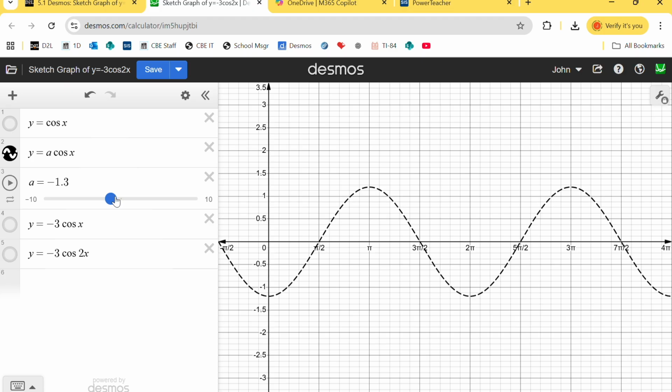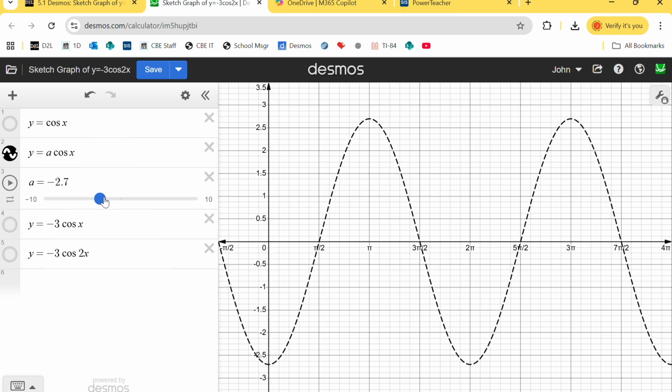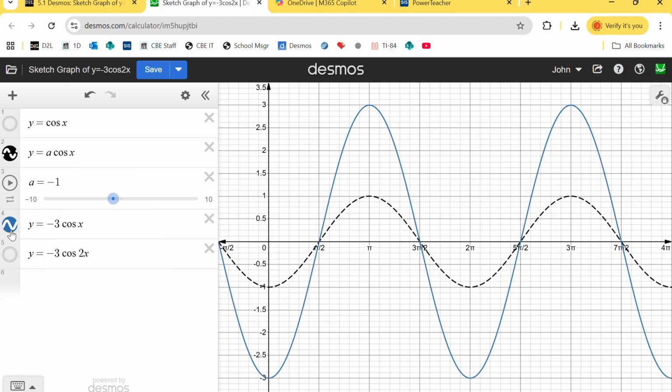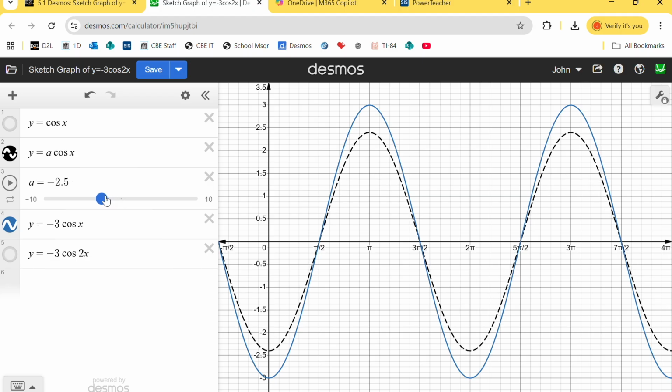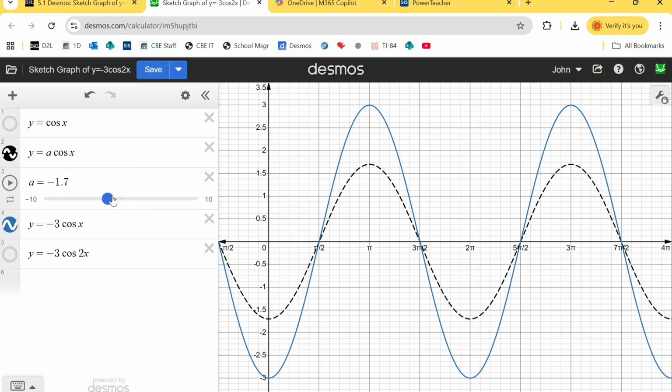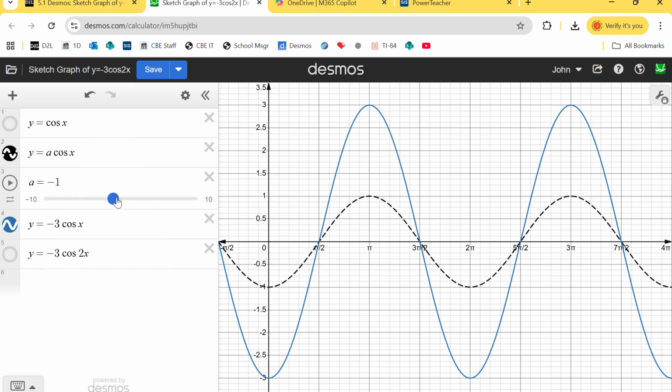So if I go -3, that's what it's going to look like. Okay, so let's return to -1, and I'm going to overlay that. So that's what we went to, right? So we grew all the way to a equals -3. Okay, so let's go back to -1. I want to turn this off.